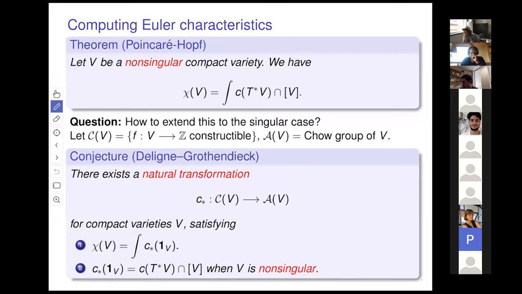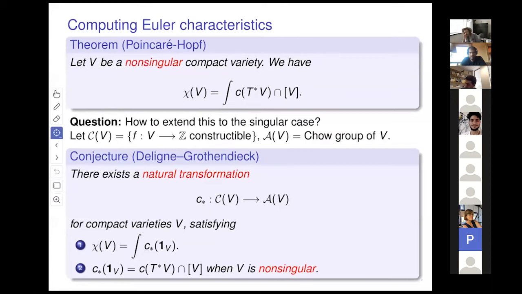So in intersection theory, what you would do is look at the total Chern class of the tangent bundle restricted to V, and the integral of that would give you a formula for the Euler characteristic, assuming that V is a non-singular complex variety. Okay? And one question is how to generalize this formula in the case when your variety is singular.